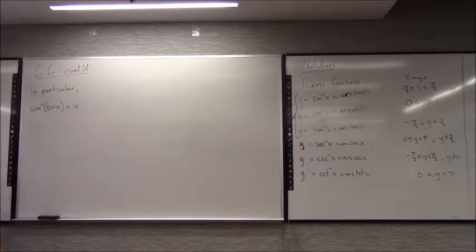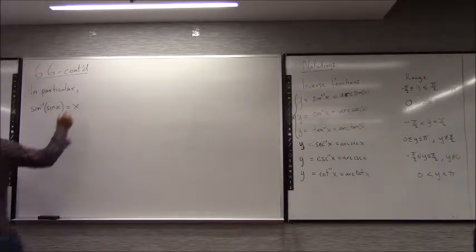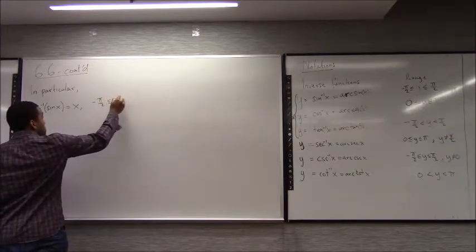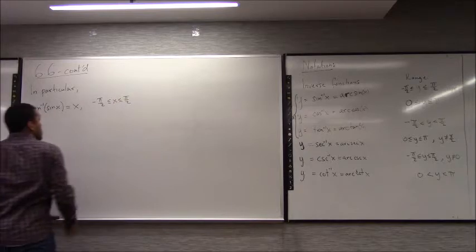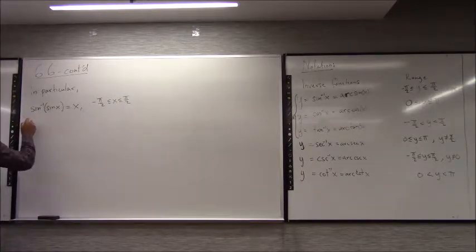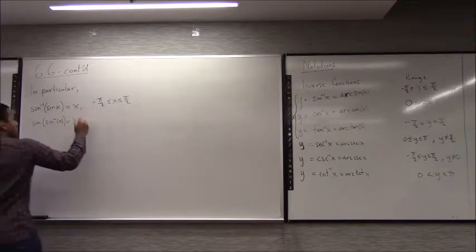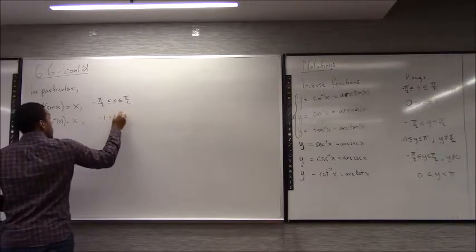So we know that f inverse of f of x is equal to x, except for trig functions, it only works in these ranges. If you're plugging in sine inverse of sine x, that's equal to x for x between minus 1 and 1.